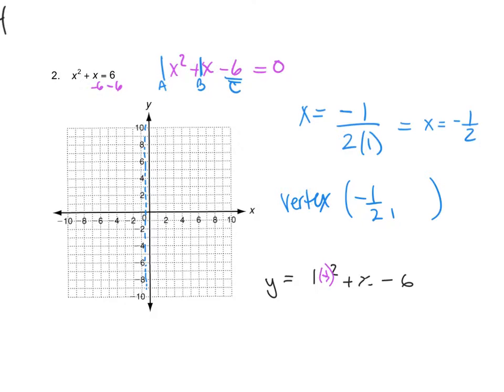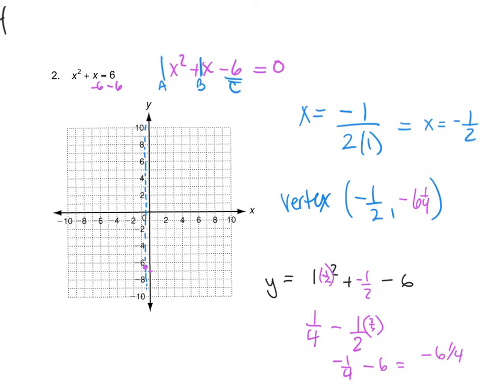Thank goodness for calculators now. Negative 1/2 squared is 1/4. 1 times 1/4 is 1/4. So 1/2 is really 2/4. So 1/4 minus 2/4 is negative 1/4. And negative 1/4 minus 6 is negative 6 and 1/4. So when x is negative 1/2, y is negative 6 and 1/4. So if this is negative 7, negative 6 and 1/4 is like right there. I don't have to be precise. Okay?